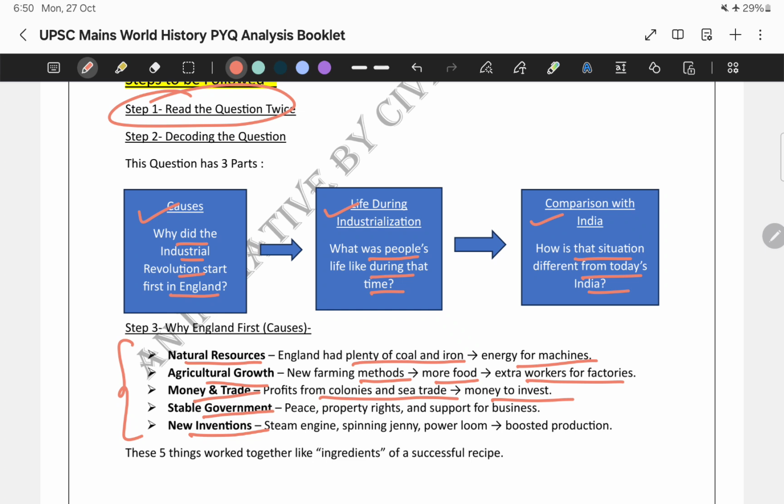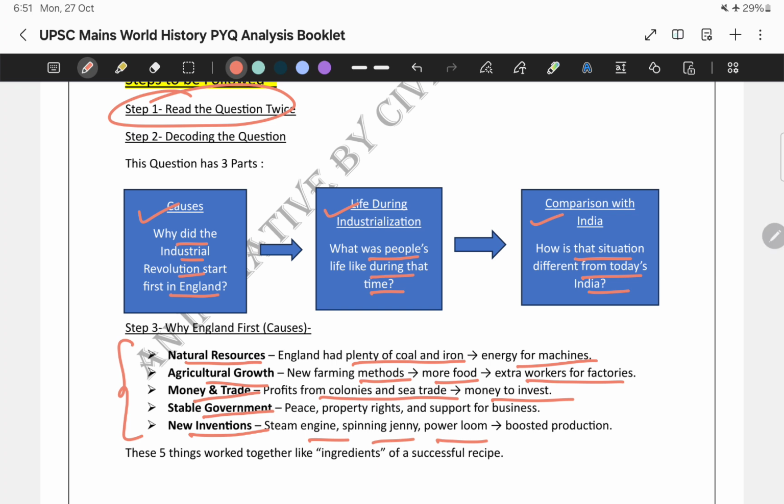During that time, England saw groundbreaking inventions like the steam engine, spinning jenny, and power loom. These inventions boosted production massively. So these were the five factors which worked together, and that's why England became the birthplace of the Industrial Revolution. With this we have addressed the first part of the question.